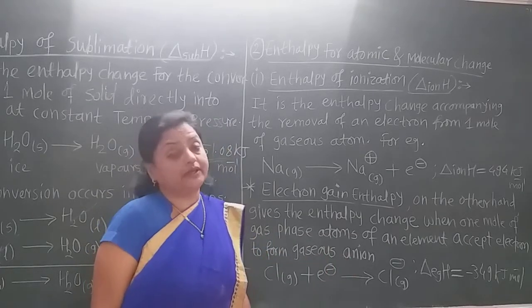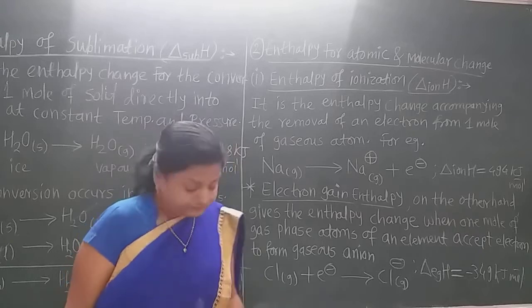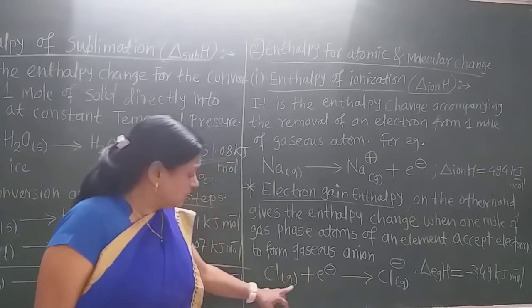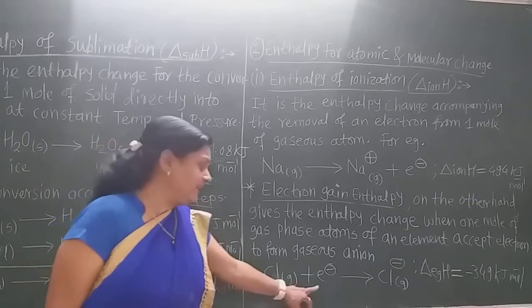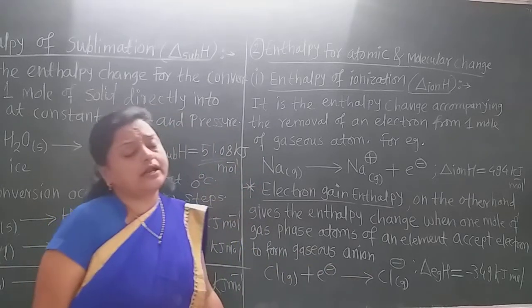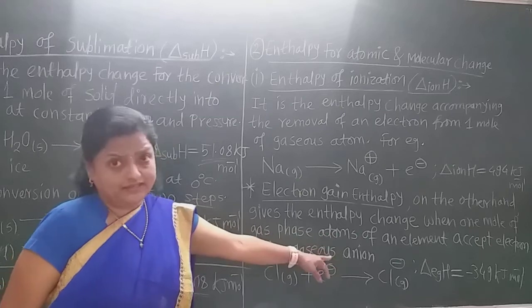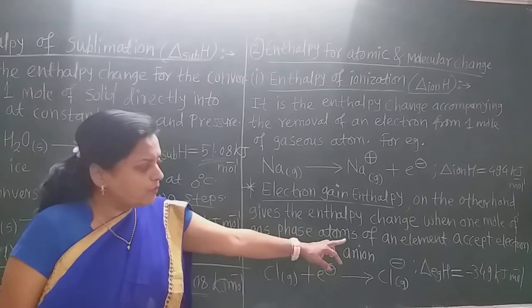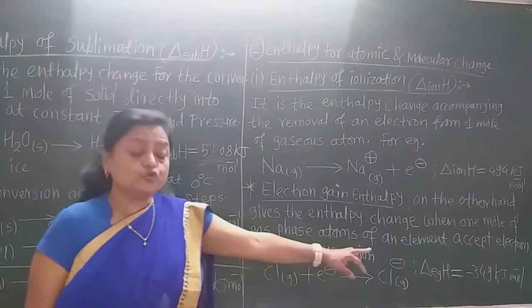Anion means negative ion. And the example is chlorine gas. When the gaseous atom of chlorine adds an electron, it is converted into the chloride anion, that is the negative ion. And at that time the electron gain enthalpy is equal to minus 349 kilojoule per mole.